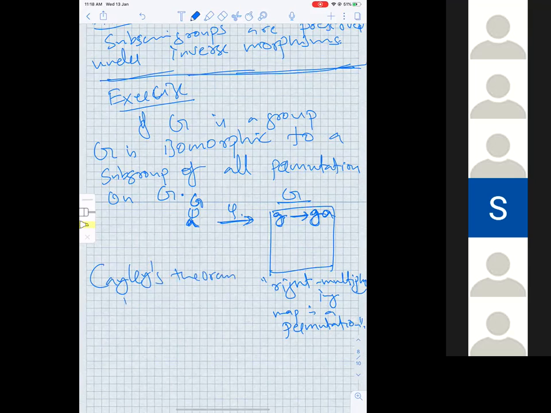Cayley's theorem, the case of groups. It's also called the Vagner-Preston theorem in the case of inverse semigroups.